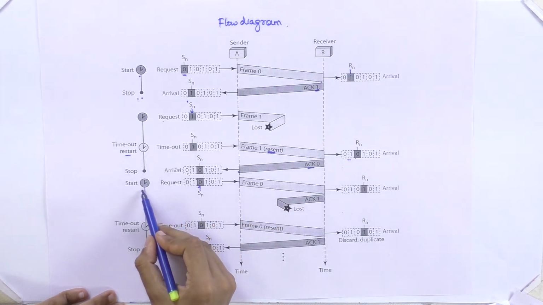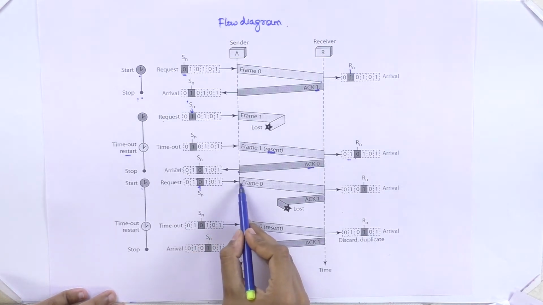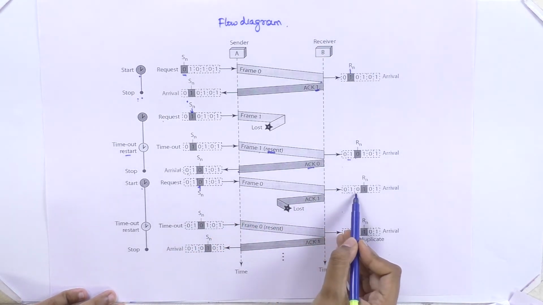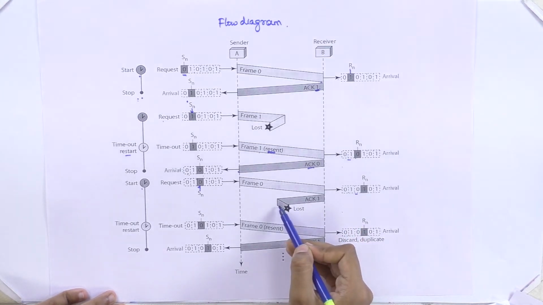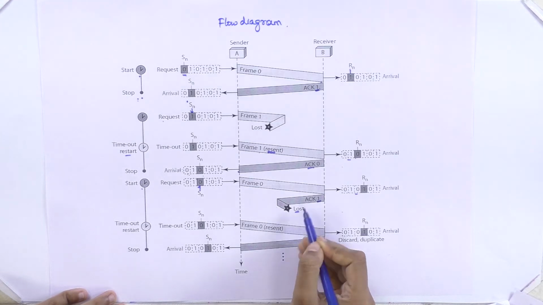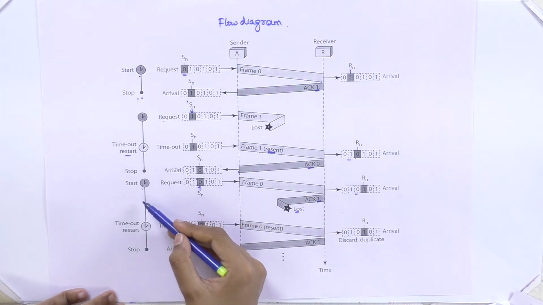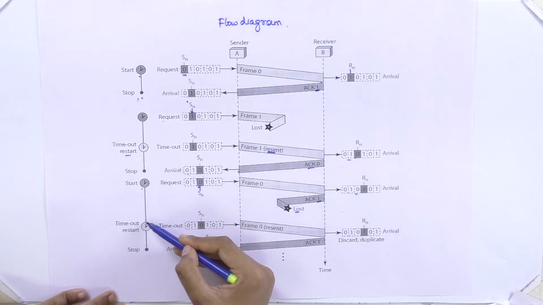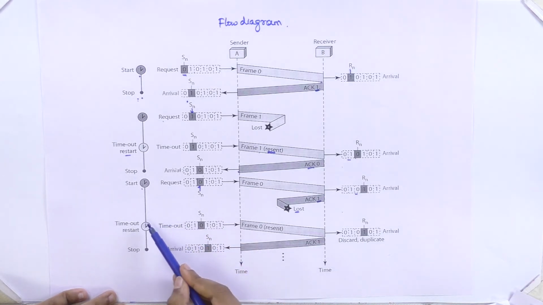Here I am setting the timer and starting it. So frame 0 goes. Yes, it reaches the receiver successfully. Upon coming back, the acknowledgement will be lost. So what happens? The timer here will expire, and then it restarts.